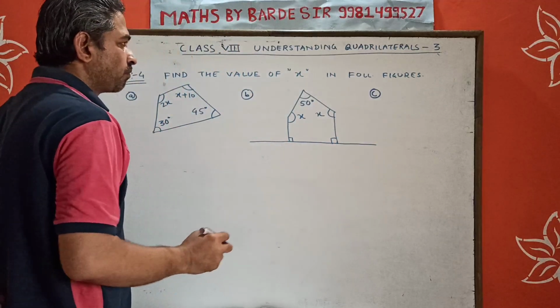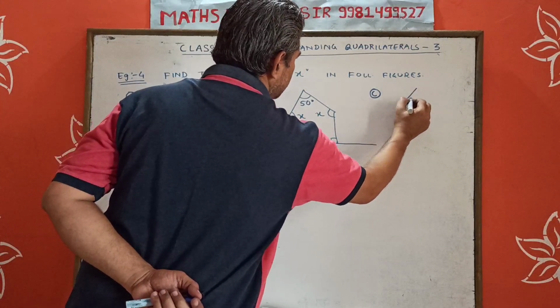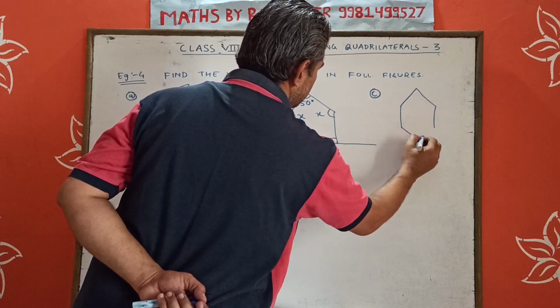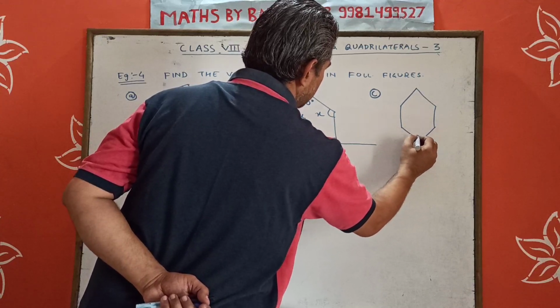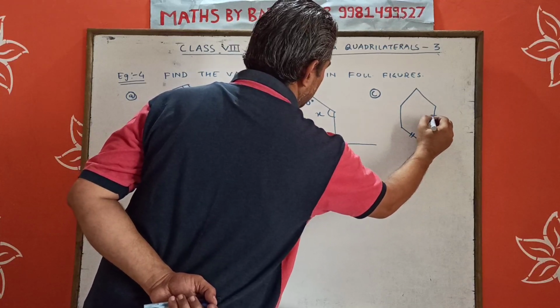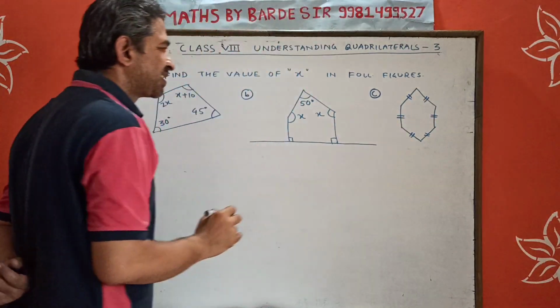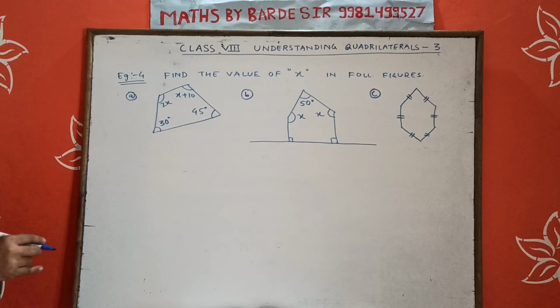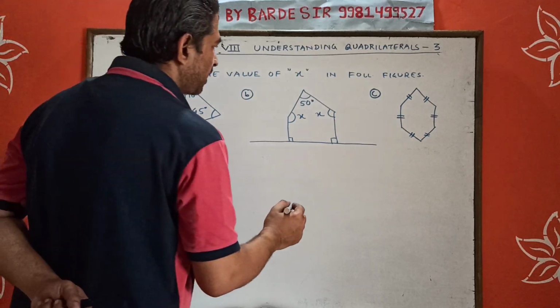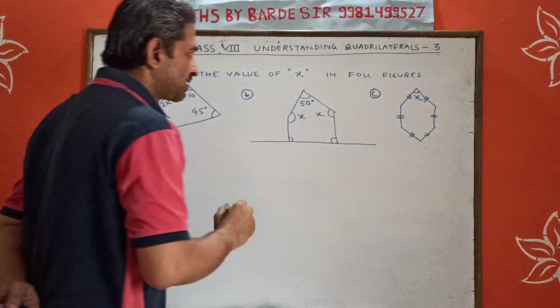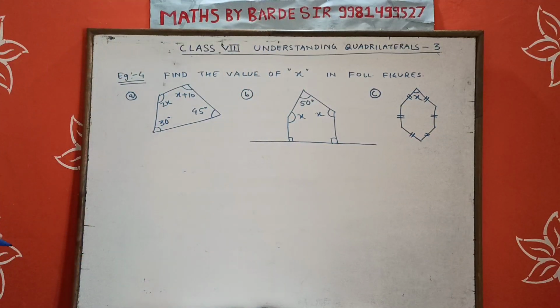Third one. This is a regular hexagon. You have to find out the value of x, that is the measure of each angle.